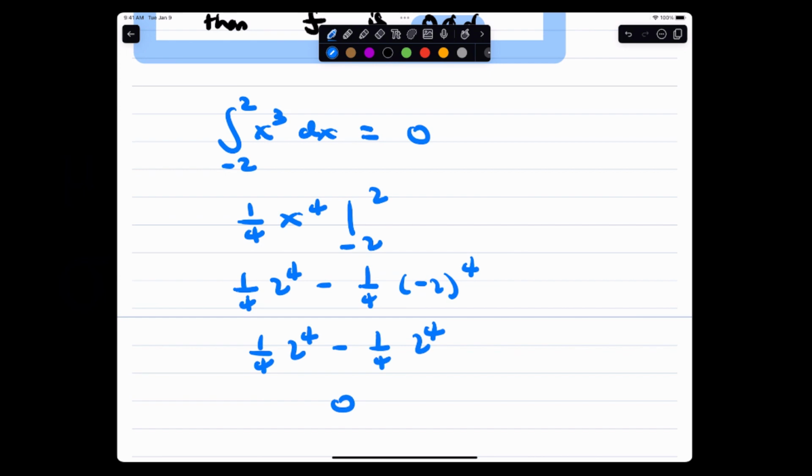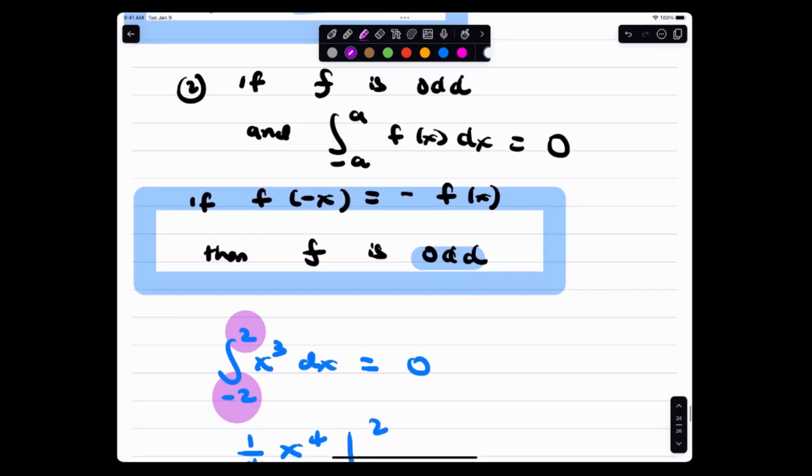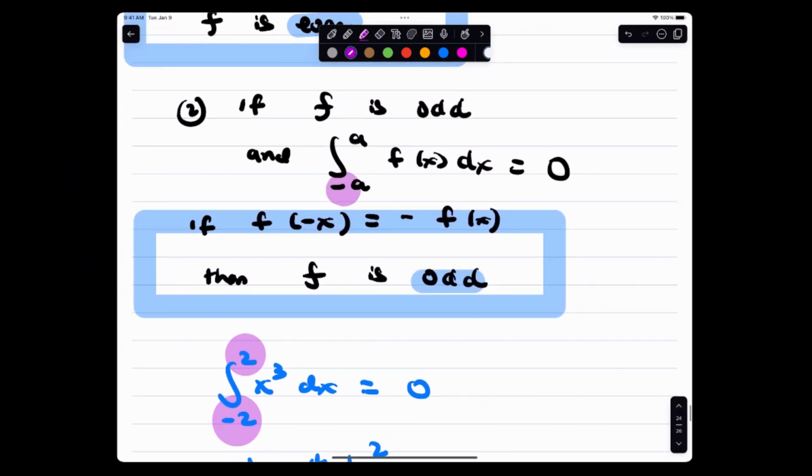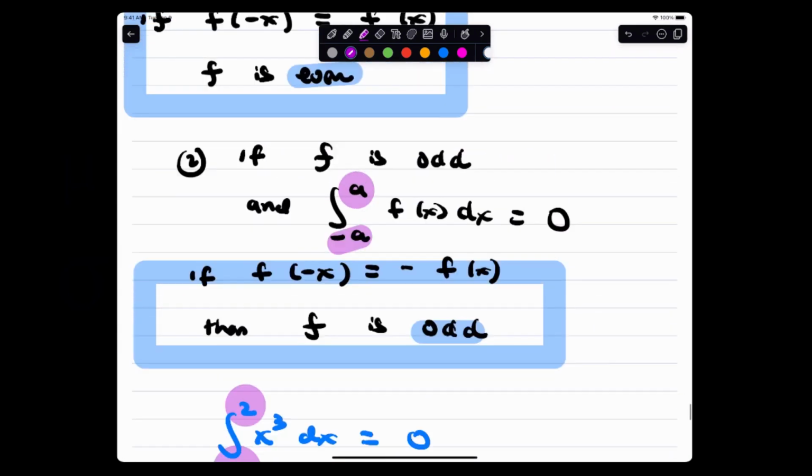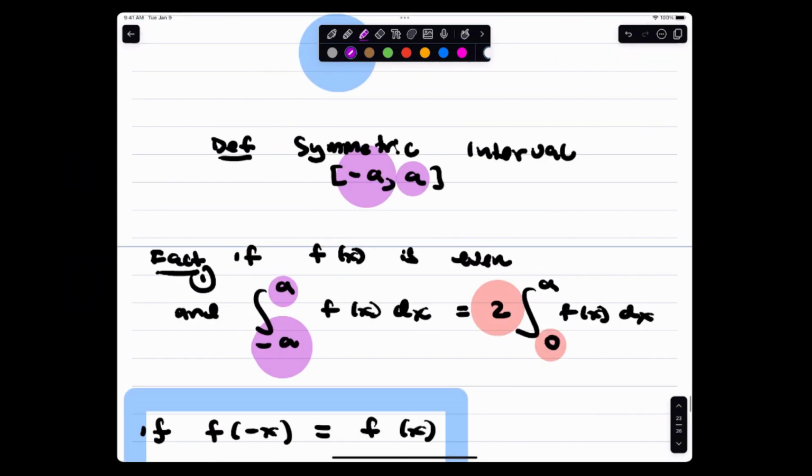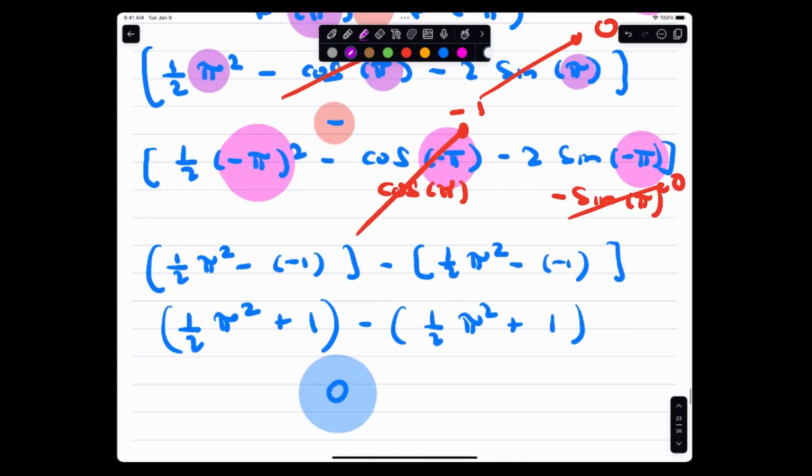And this is only applicable over what's the deal here? Negative 2 to 2. Symmetric intervals. You must have a symmetric interval here, which is why when I first looked at this, I said, oh my God, the area is 0.